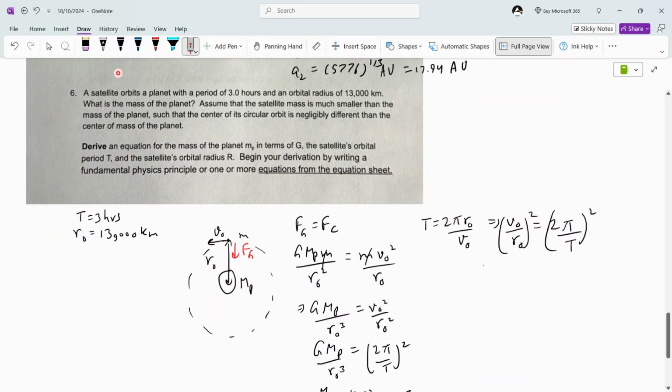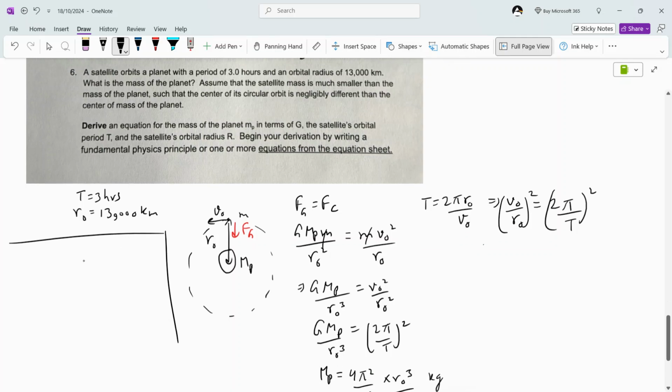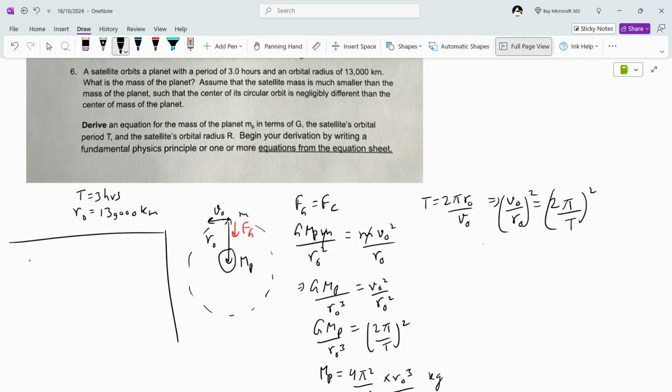They may have given you an equation sheet, but I'm going to put whatever equation is necessary here. So they are asking MP in terms of G and satellite's period and satellite's orbital radius R. So I think I can do the same thing.